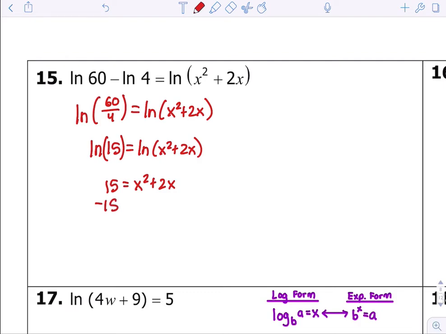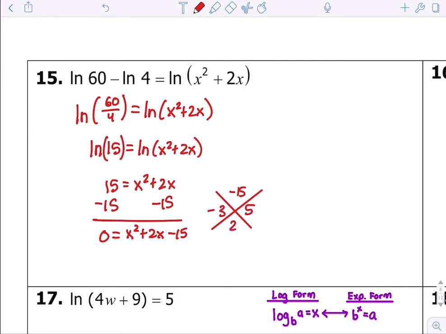Let's set it equal to 0, so let's subtract both sides by 15. 0 is equal to x squared plus 2x minus 15. And now let's factor. Two things that multiply to negative 15 but add to give you 2. And that's going to be negative 3 and 5. So 0 is equal to x minus 3 and x plus 5.